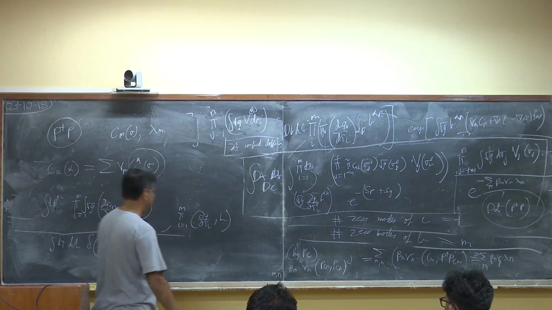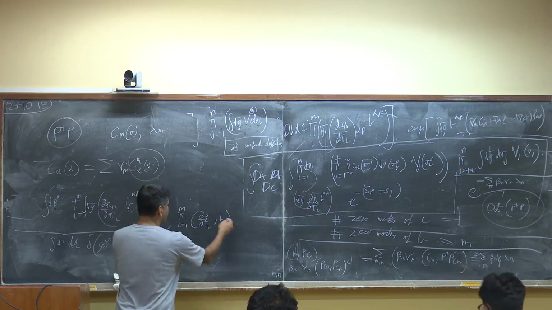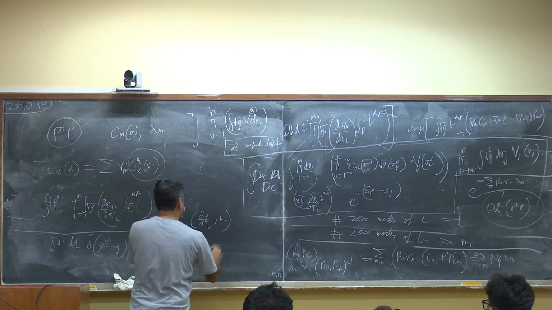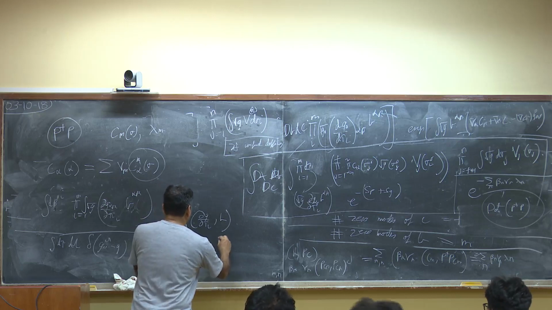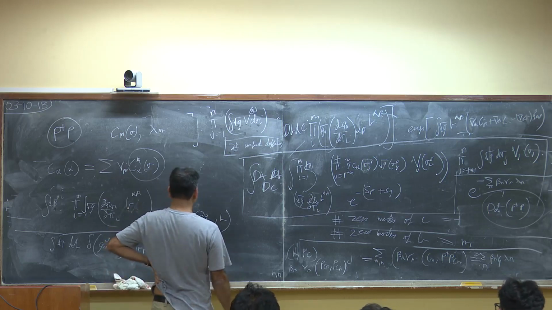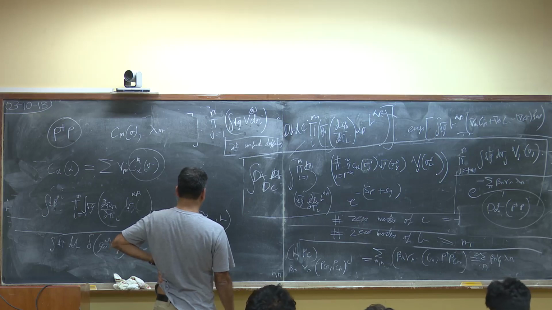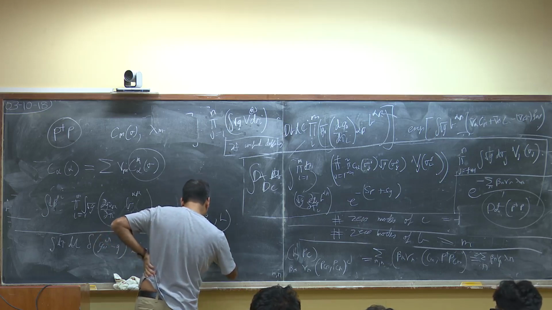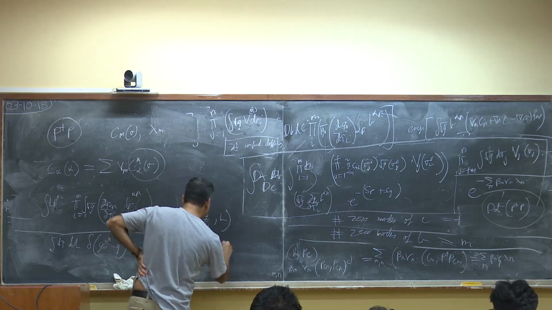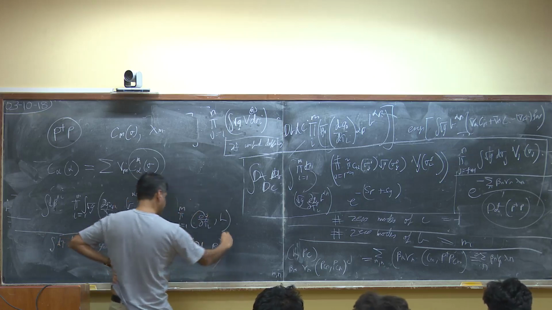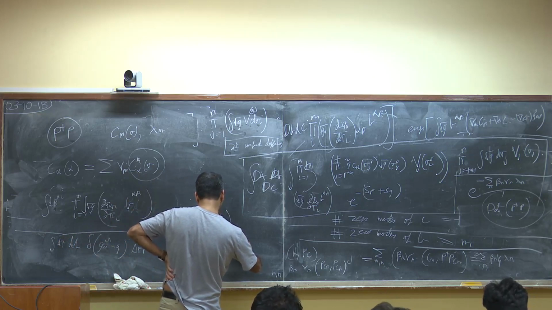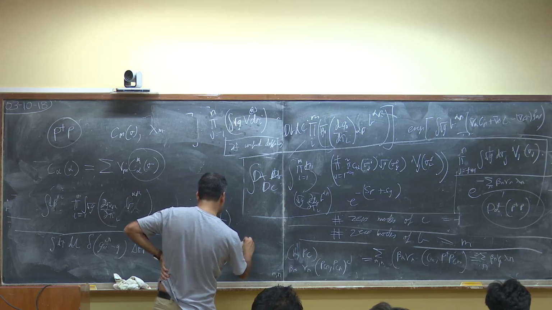So on the ith one, I will expand it as beta I0 times b I0.